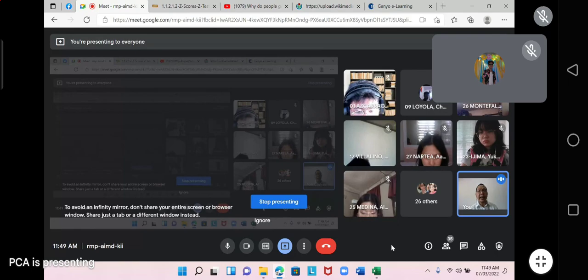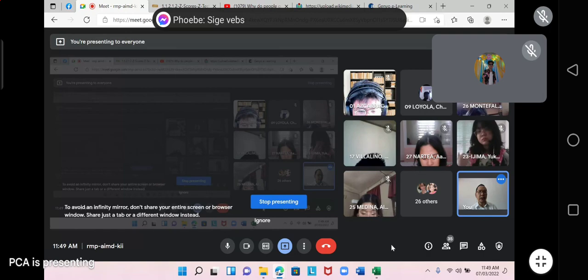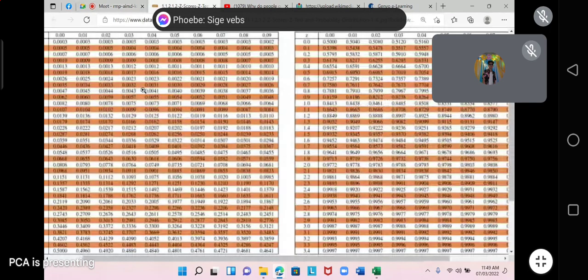Can you say that getting head or tail in that coin is negative? No way. Probability is always positive, never negative. Naintindihan nyo? But for the z-score, it can be negative.